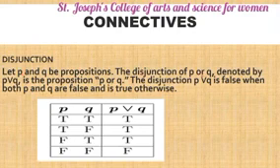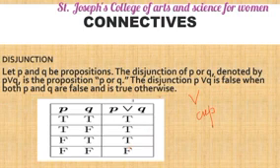Disjunction is used to represent the word or, and it is denoted by the symbol cup. The symbol is called cup. So the truth table here is defined for two variables. The disjunction P cup Q is false when both P and Q are false, and it is true otherwise.